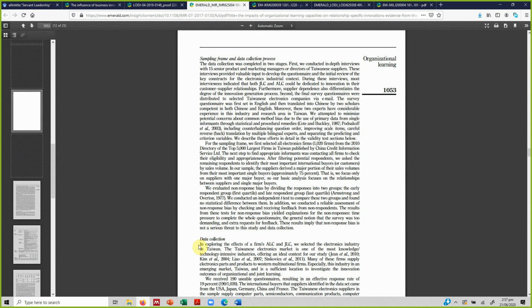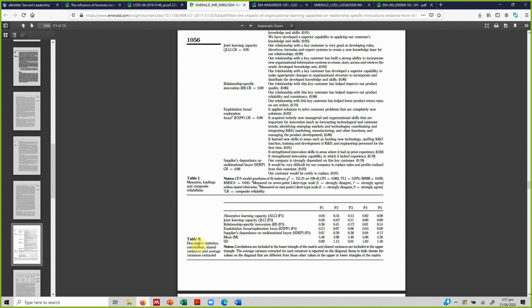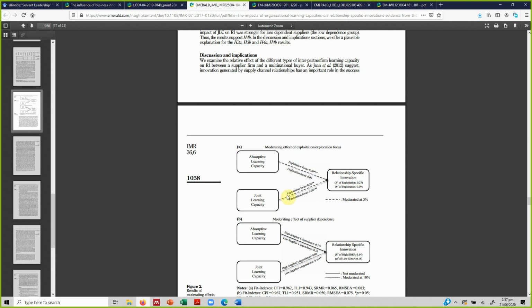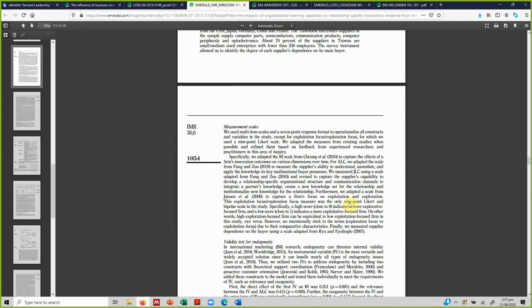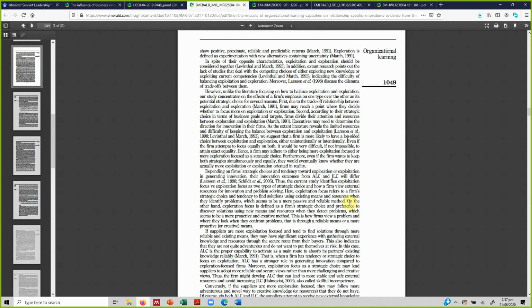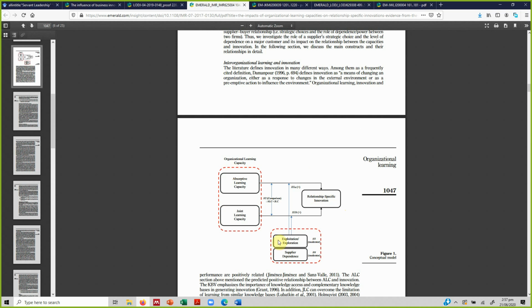This is very interesting actually. They looked at the direct relationship of organizational learning on, where is the model? Let's go to the proposed model. Yeah. So they looked at the impact of organizational learning capacity on relationship specific innovation.